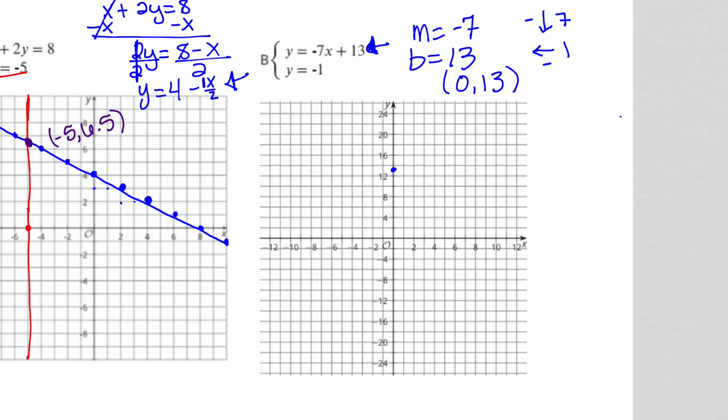We're going to go to the right because we want to have a negative slope this time. So we're going to go right. Negative over a positive is a negative. Okay, so we're going to go down 7: 1, 2, 3, 4, 5, 6, 7. Then we're going to go to the right, 1.